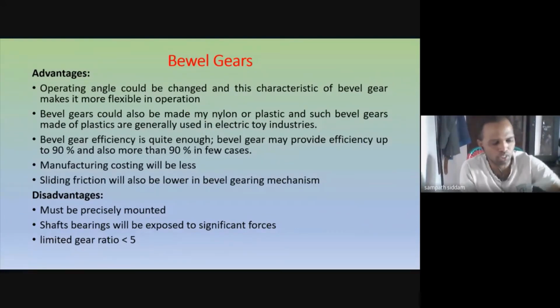If you want to change any kind of angle, you can change with that. But when you go with spur, you do not have any kind of angle. With the helix angle of your helical gears, you usually have about 45 degrees or maybe 50, not more than that, but here you can have 90 degrees and you can change any of the angle. Bevel gears could also be made of nylon or plastic or any kind of material.